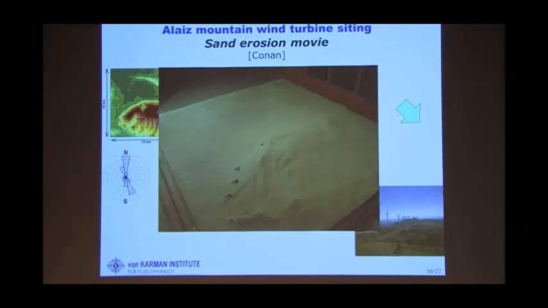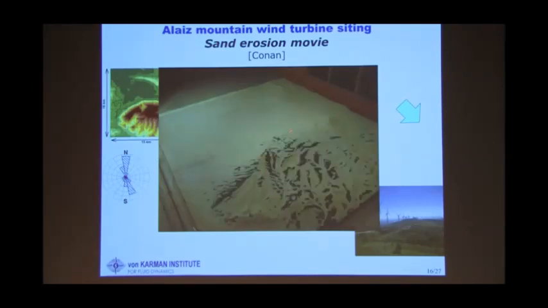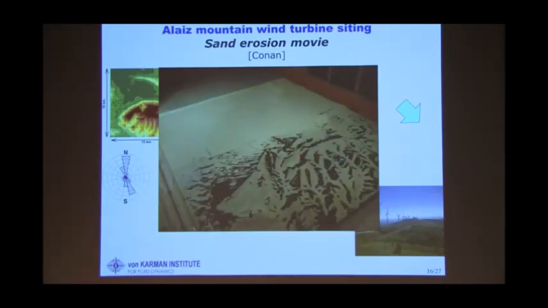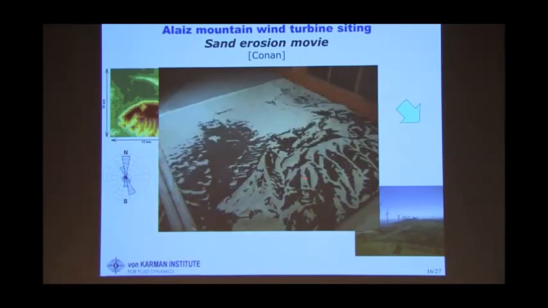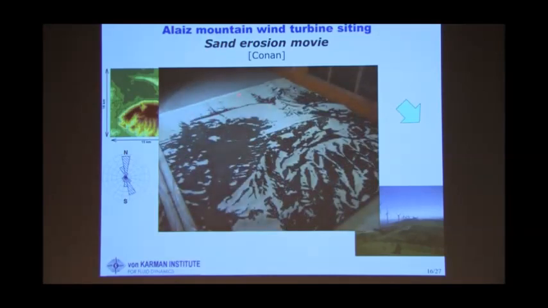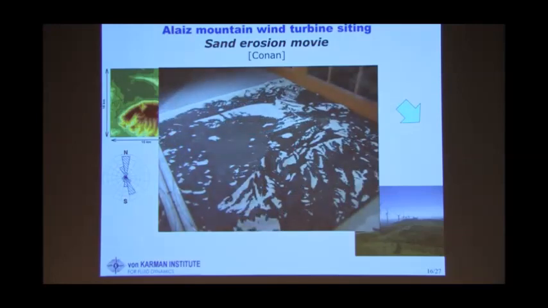I cannot see it, is it going? It only wants to play once. No, there it's going. So there was a natural park, so they couldn't put anything, but also there where they're going to put, actually it worked very well. There's the ridge. Sand remains there until the end of the test, which is at very high wind speed.